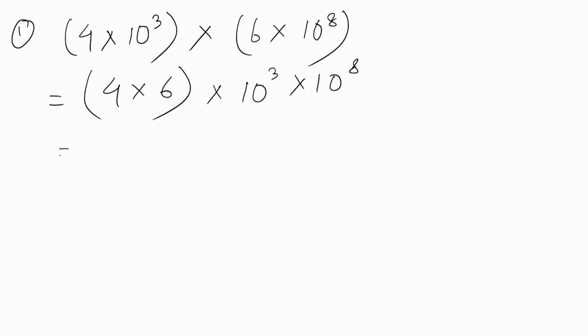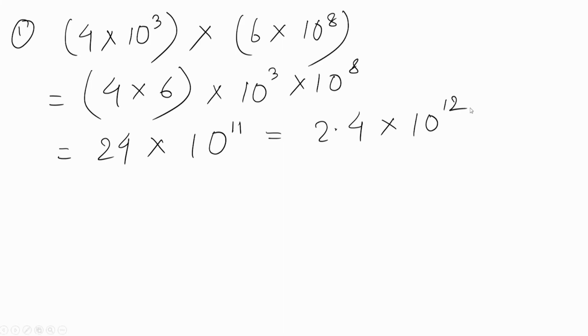So 4 into 6 is 24 into 10 to the power 3 plus 8, so 10 to the power 11. We can further simplify it by saying 2.4 into 10 to the power 12.